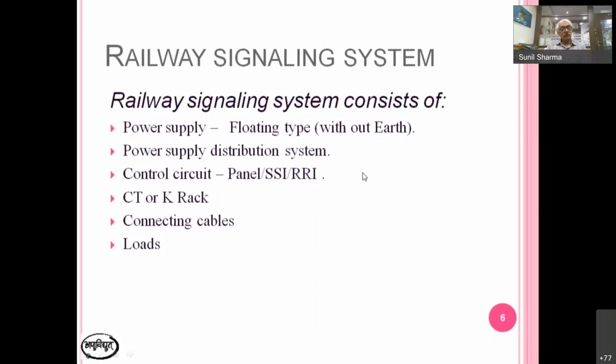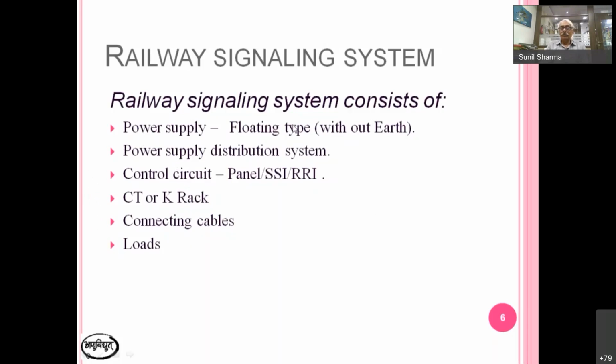Power supply distribution system is simple: fuse board and so on, then control circuitry, panel, SSI or RRI, then distribution of cables to the rack, which can be CT or K rack, then connecting cables and loads. Sir, you regularly check these connecting cables only. IR is measured for the connecting cables, loads, CT rack, control circuit, but not for the power supply.